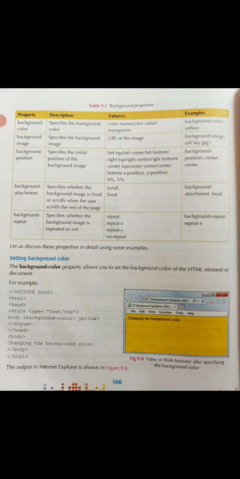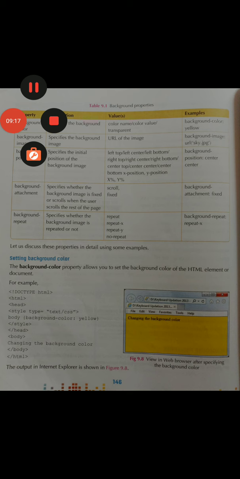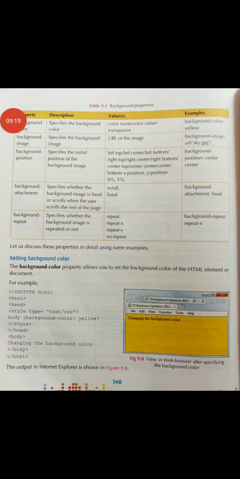Then the fifth one, that is your last one, is your background repeat. And what is the function of your background repeat? It specifies whether the background image is repeated or not. Here the main function is to see whether the background image is repeated again and again. That is the main function of your background repeat.